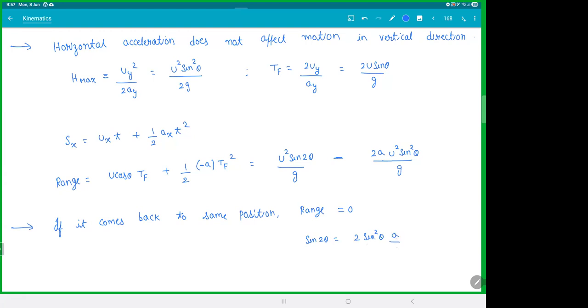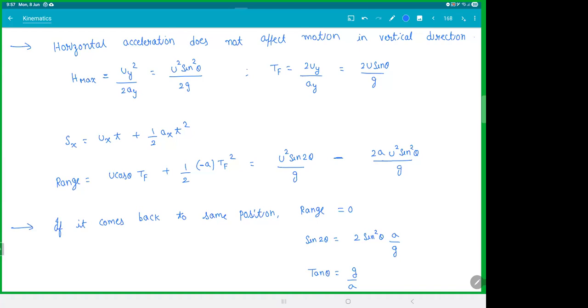There is an a by g also. 2 sine theta cos theta. We get tan theta is g by a. For this particular angle, you are going to come back to the same point. Clear with this?